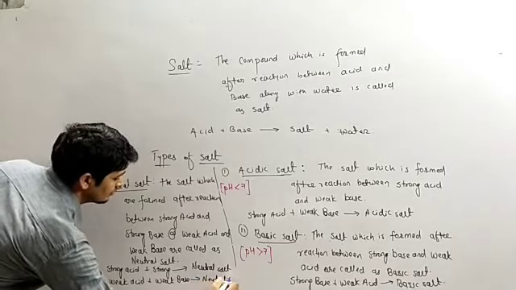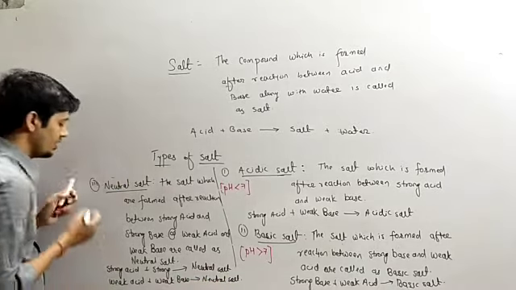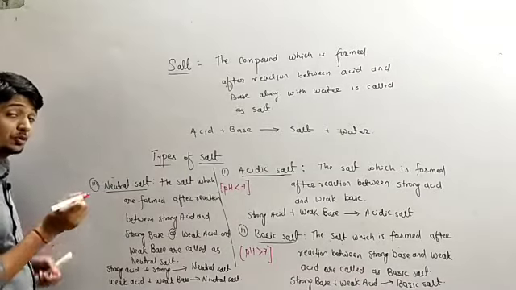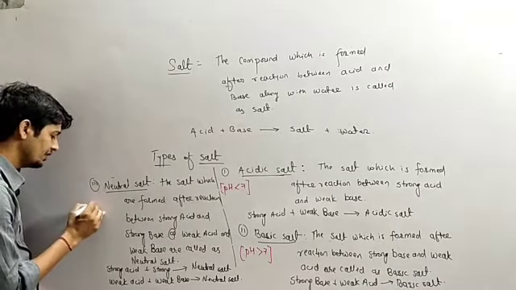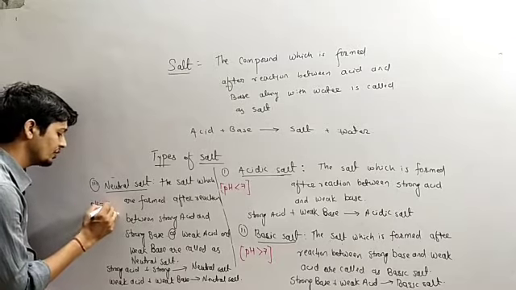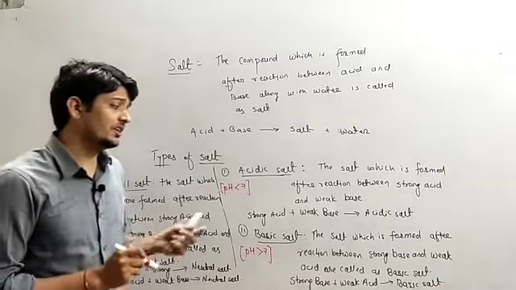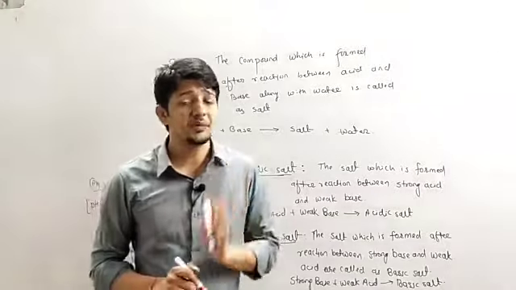Here the pH value of the salt is equals to 7. Okay, so here the types of salt is completed.